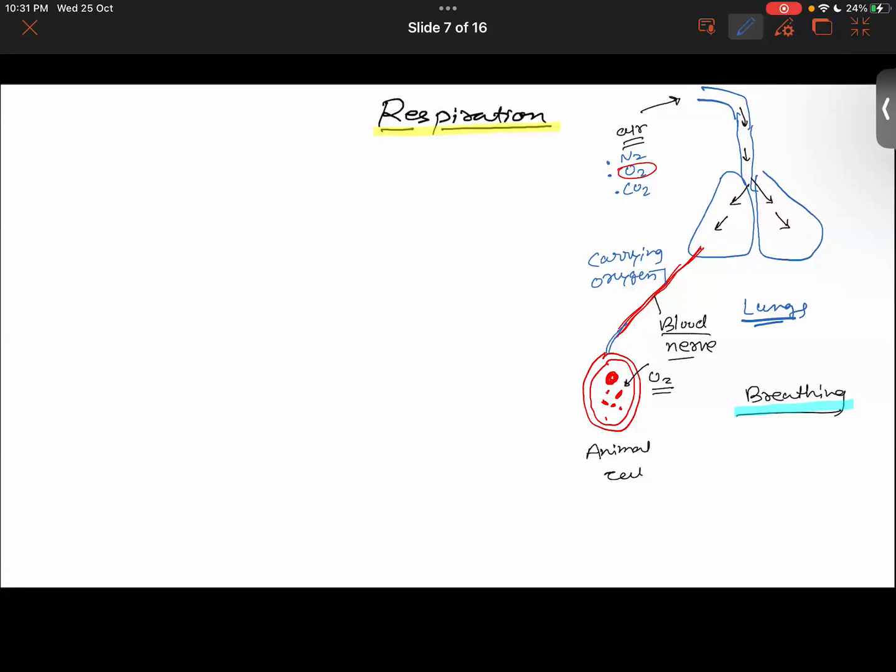For what purpose will this cell be requiring oxygen? Like movement of the cell? No, not for the movement of the cells. The first line you were saying, breaking of something. Breaking of, what in our body will be broken down?